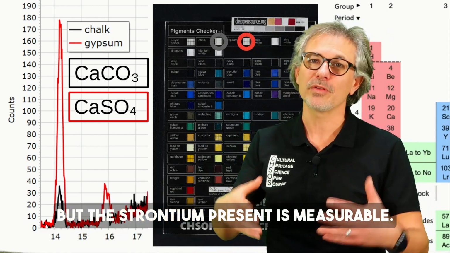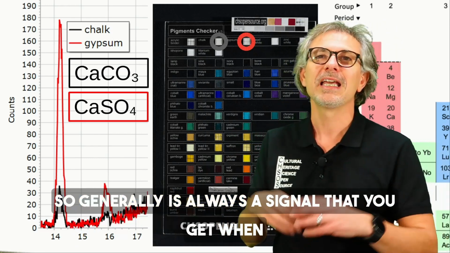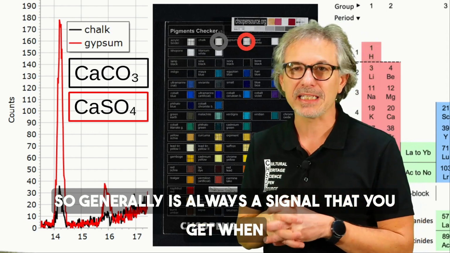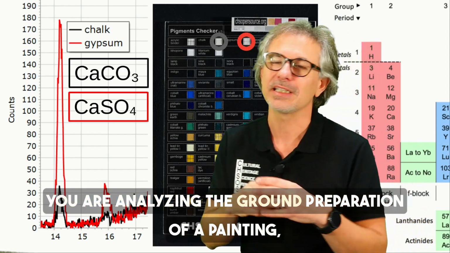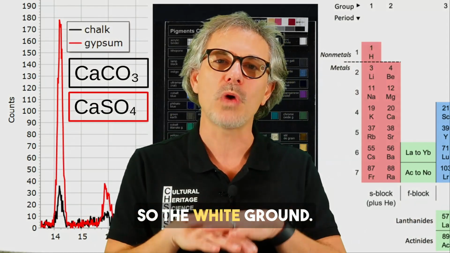But the strontium present is measurable, so it is generally always a signal that you get when you are analyzing the ground preparation of a painting, so the white ground.